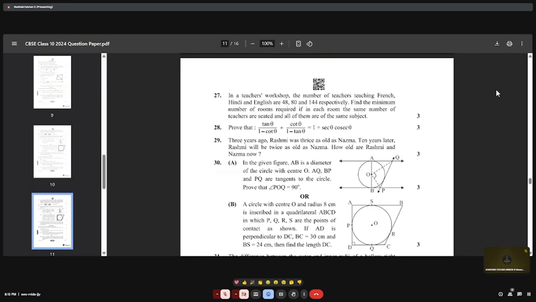Please look at it. Prove that tan theta by 1 minus cot theta plus cot theta by 1 minus tan theta equal to 1 plus secant theta cosecant theta.